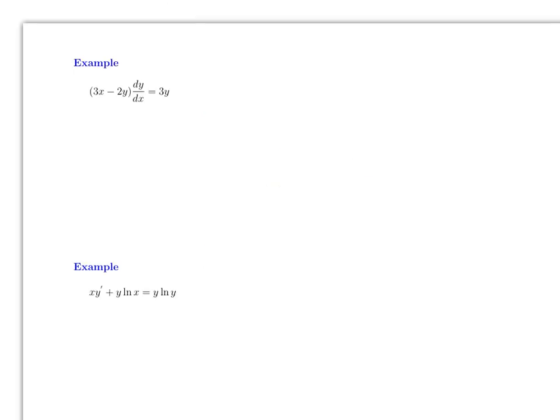Okay, so let's do an example. Remember that the goal is to have y prime equal to a function that depends only on v, where v is equal to y over x. Don't forget that this is the substitution. There are multiple ways to do this, but since you want to end up with y over x, for this particular example, the easiest thing is to divide both sides by x.